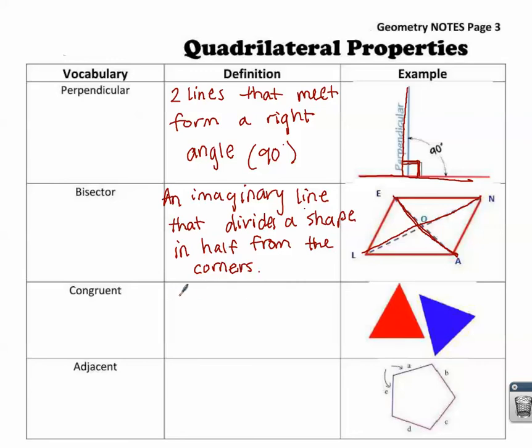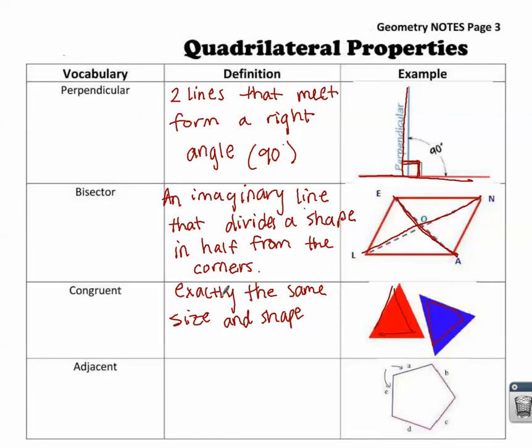Congruent is exactly the same size and shape. So in the example over here, these two triangles are exactly the same size and shape, meaning all their angles are the same and all their sides are the same.